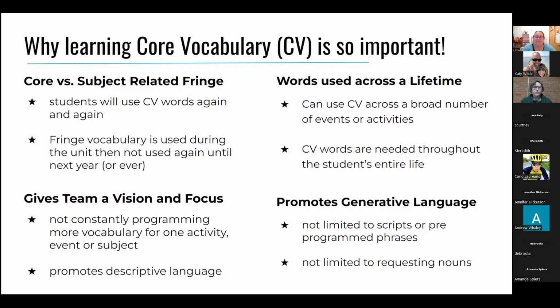So we don't necessarily need a name for something, but we need to learn as a community to ask things in a slightly different way. We want to really encourage that generative language, which really is the goal of all AAC, for our kids to be able to say what they want, when they want, wherever they want.